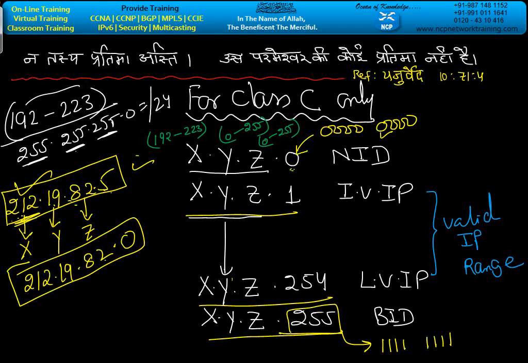This is the question I am giving to you: 212.19.82.5, a number of 32 bits. You will check this number with this pattern. The pattern of NID is this one. We will keep X, Y, Z constant. If we set 0 in the host portion, the number is called NID. What will be the broadcast ID for this number?